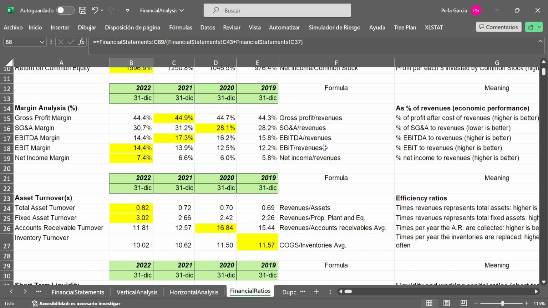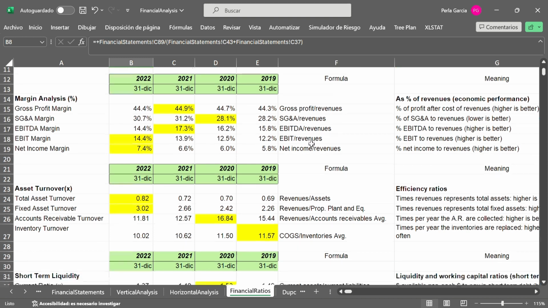Then the revenues to the EBITDA. The EBITDA is the result of the revenues, cost of revenues, minus expenses and other expenses, and the EBITDA does not include depreciation and other financial or accounting aspects like taxes and amortization. And then the EBIT, which excludes the aspects explained with the EBITDA.